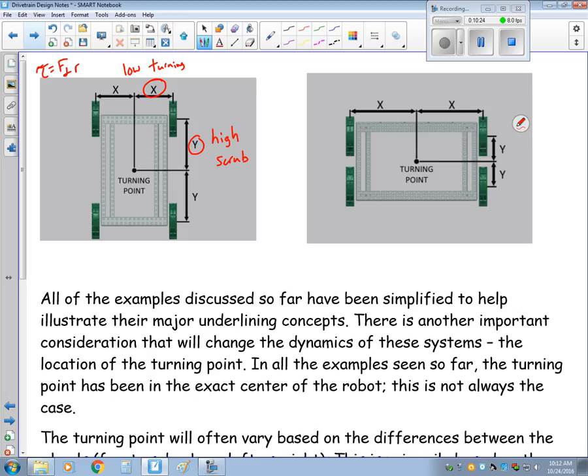If I looked at a robot that was wide, but not very long, here I would get high turning torque and then low turning scrub. So that would be one way to design a robot that could handle this turning scrub. We would just simply have to make it wide and short. You wouldn't want to have it very long.